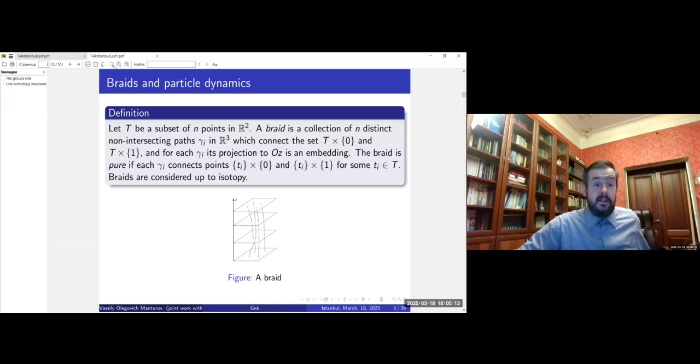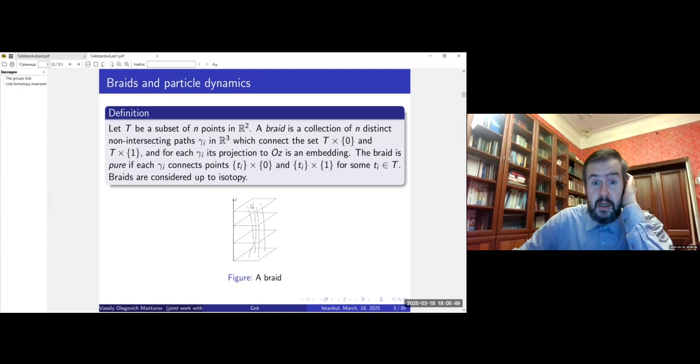Actually, we may say differently that, of course, braids can be concatenated, and the braids form a group. So the braid group is the fundamental group of the configuration space. So we may say that we have the configuration space of n distinct points on the top, and we look at the fundamental group of this space.